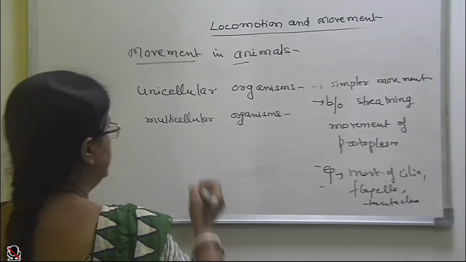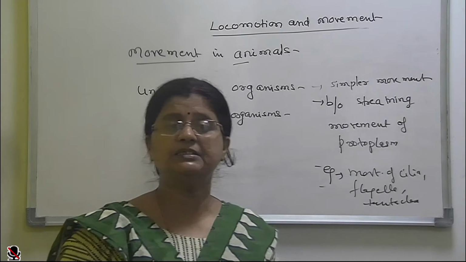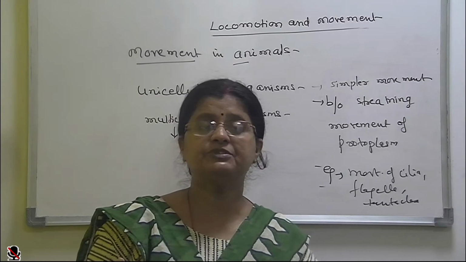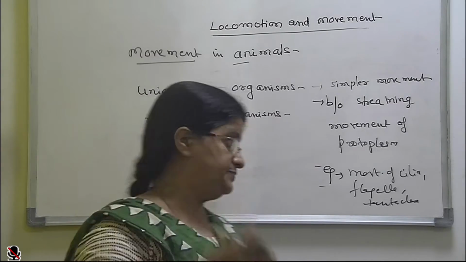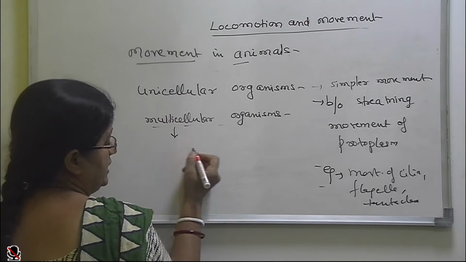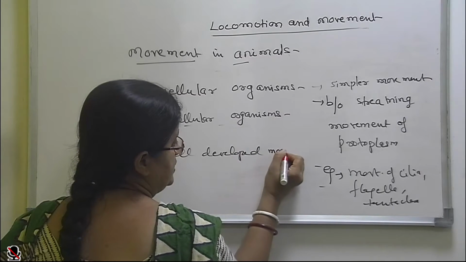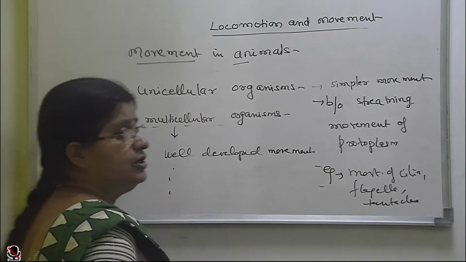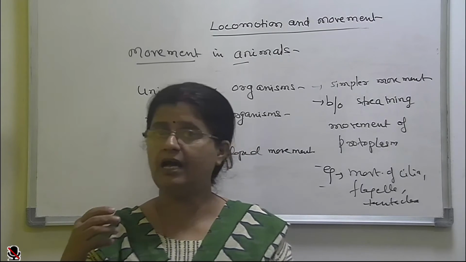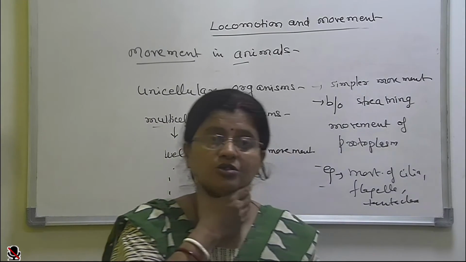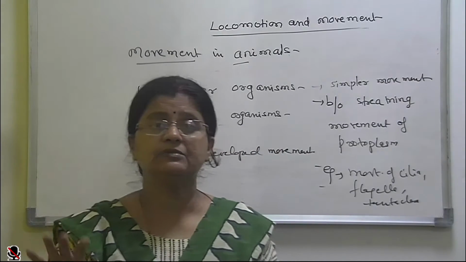Now, let's see movement in multicellular organisms. In higher animals, there is movement of the limbs, eyelids, jaws, tongue, etc. In multicellular organisms there is well developed movement, and it is specific to a part: movement of the limbs, tongue, head, eyebrows, jaws. So movement in higher animals is very specific.